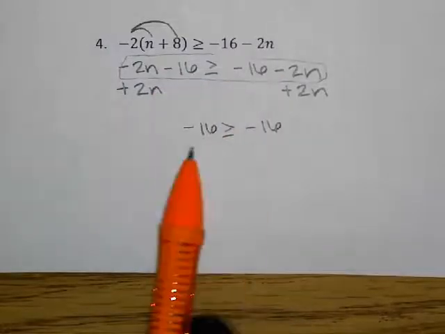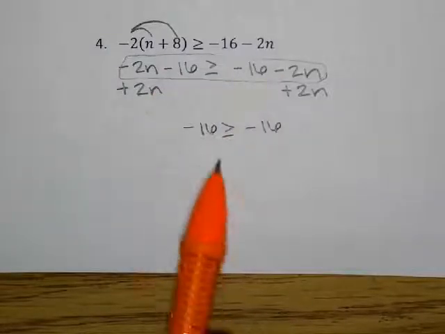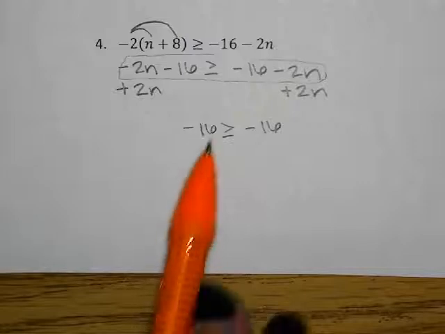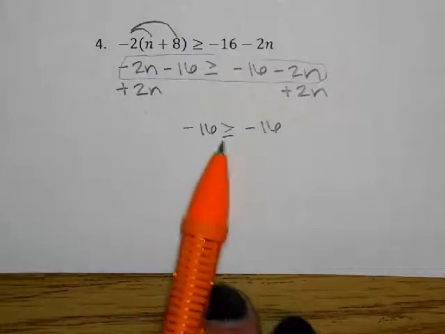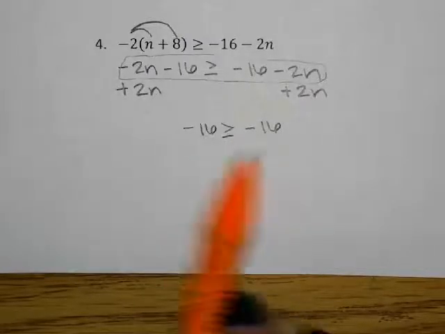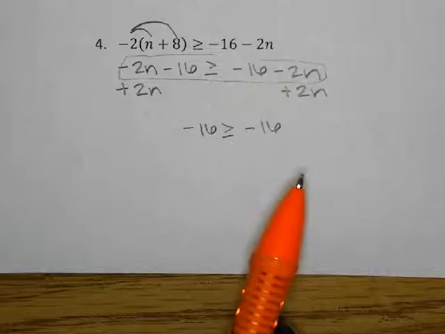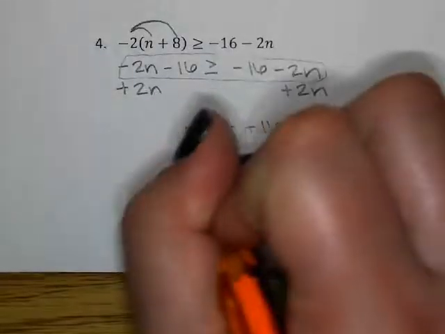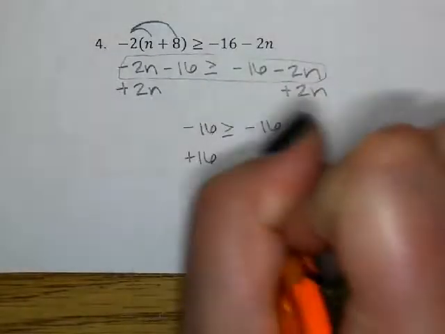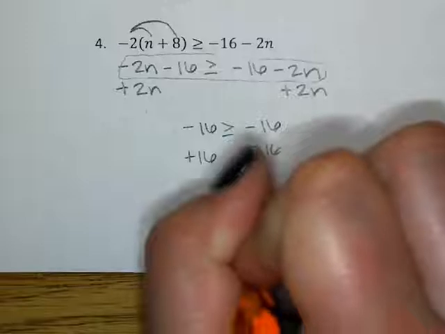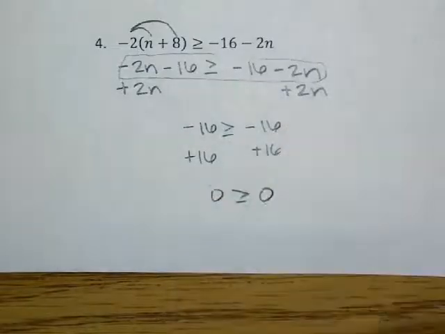Okay? Now, the only way you can have 0 as a part of your answer is if you go a little bit further and you say, okay, let me take care of the 16s. So if I take care of the 16s, I can add 16 to both sides. I get 0 is greater than or equal to 0, but I still don't have any n's in there. Do you guys see that? Okay.